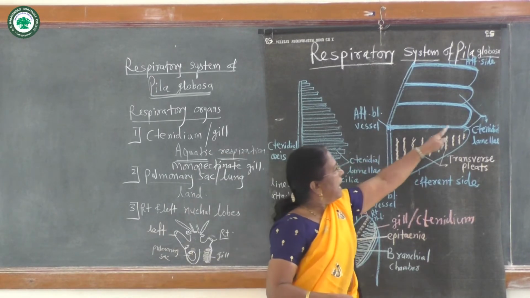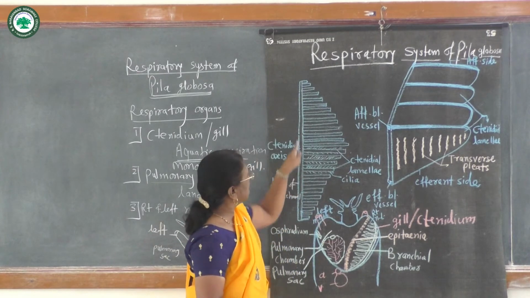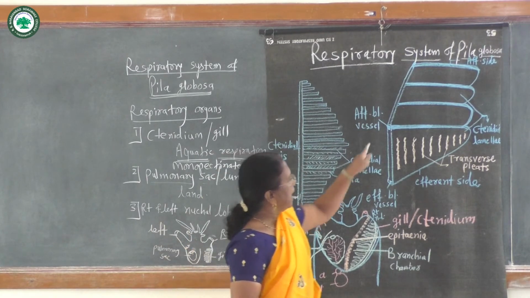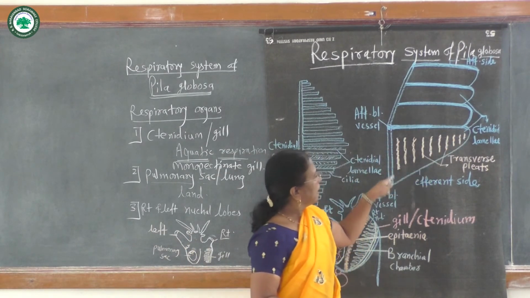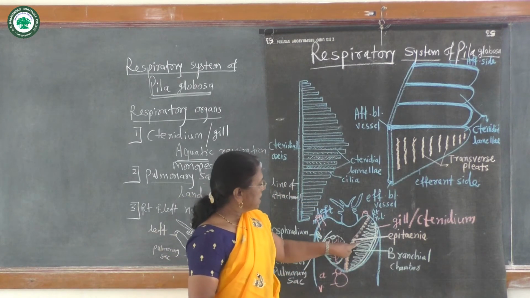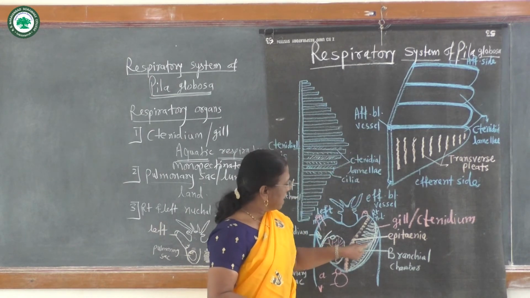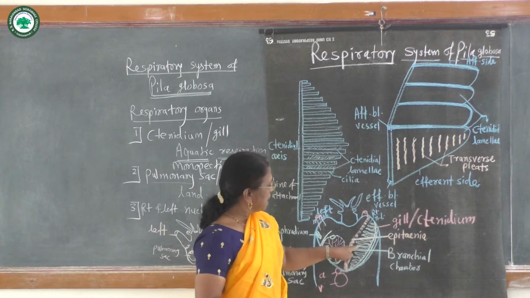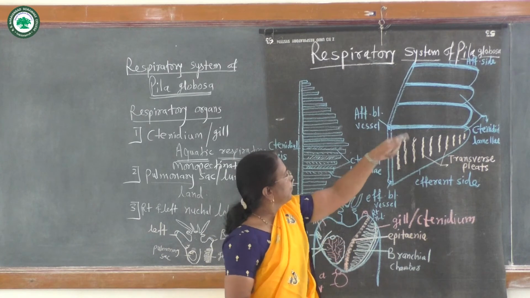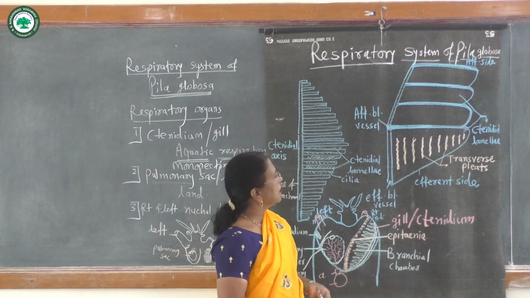Each lamella has a broad end attached to the ctenidial axis, and a narrow end which is free in the branchial chamber. This is the narrow end, this is the broad end. The broad end is attached to the ctenidial axis and the narrow end is free, here in the branchial cavity.